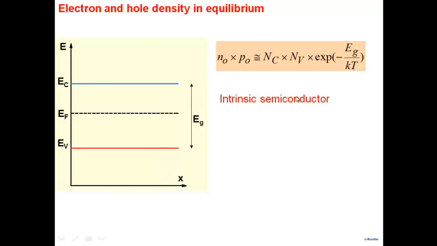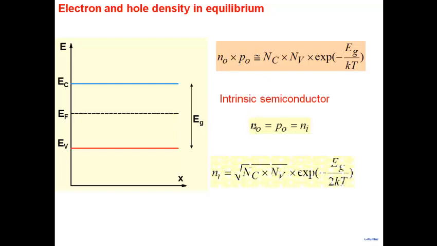At a finite temperature, an electron from the valence band goes into the conduction band, so for every electron you have a hole as well. So for an intrinsic semiconductor, N0 must be equal to P0, and is equal to what we call the intrinsic carrier concentration Ni.